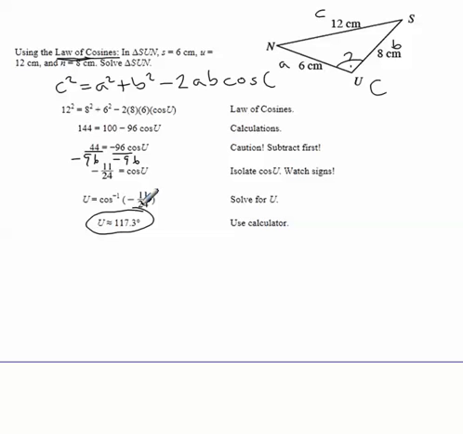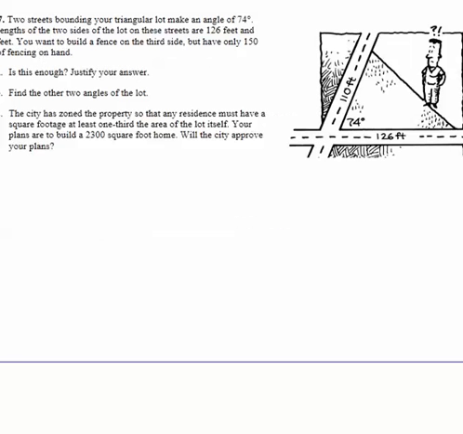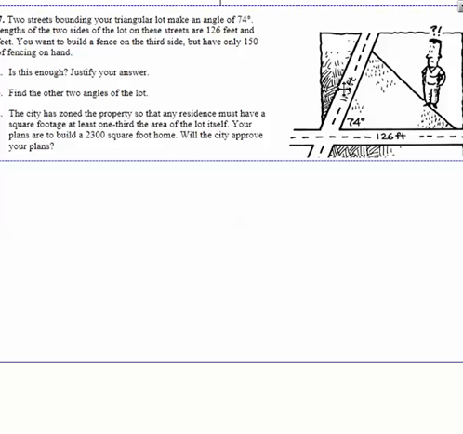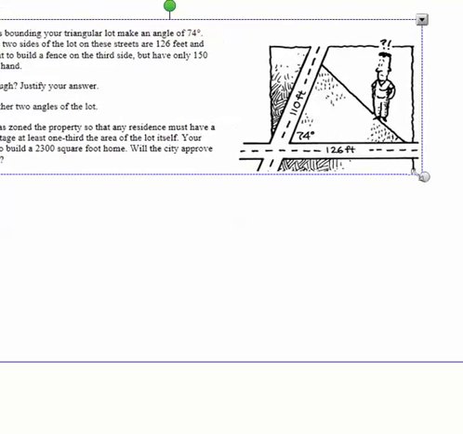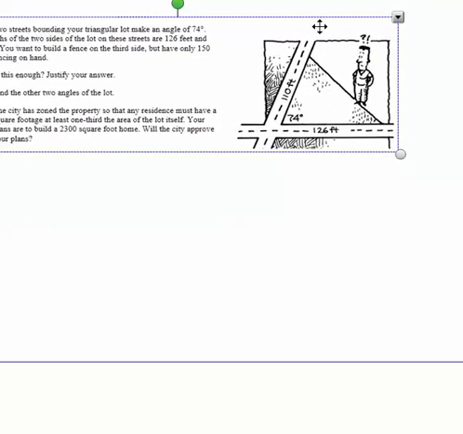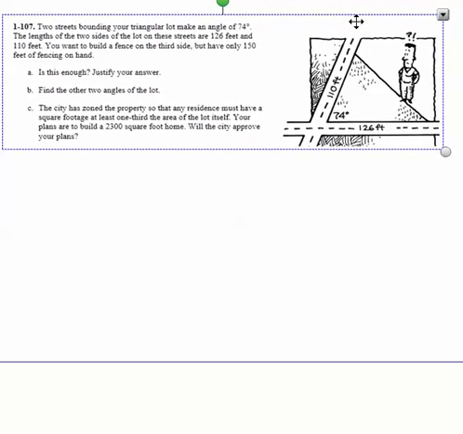Okay, so let's try another problem that applies this. Let me adjust this. Let me make it fit the page. Here we go. Okay, so two streets bordering a triangle make an angle of 74 degrees.